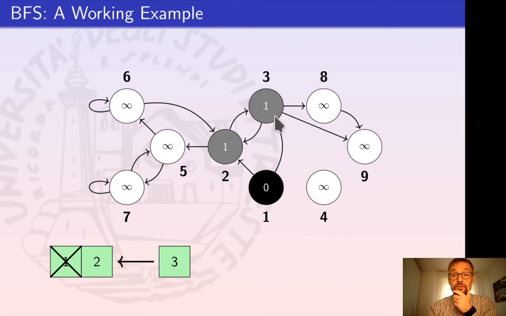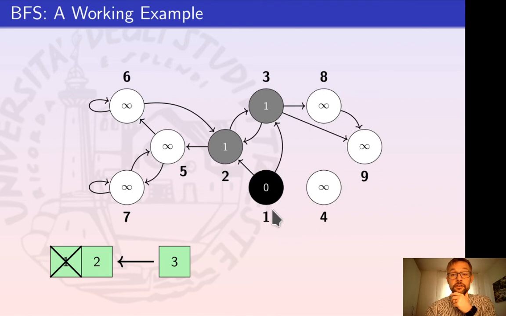And of course we may go to 3. We haven't finished with all the neighbors of 1. We need to go to node number 3. Again, its distance from the source is 1 because it's a neighbor of the source. And once this is discovered, all the neighbors of 1 are either gray or black.